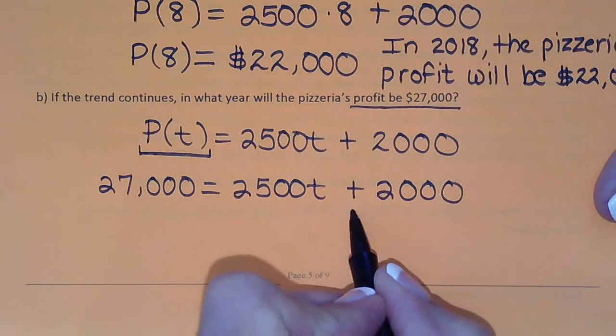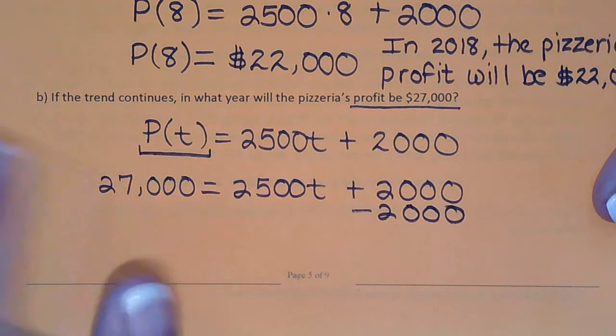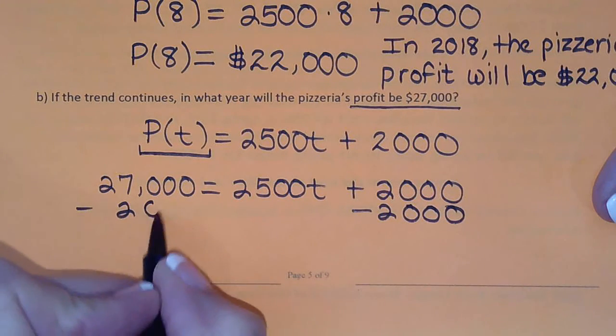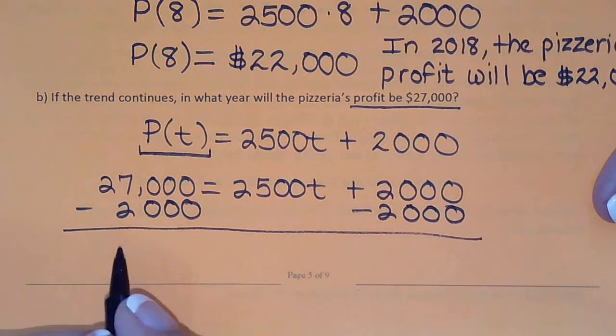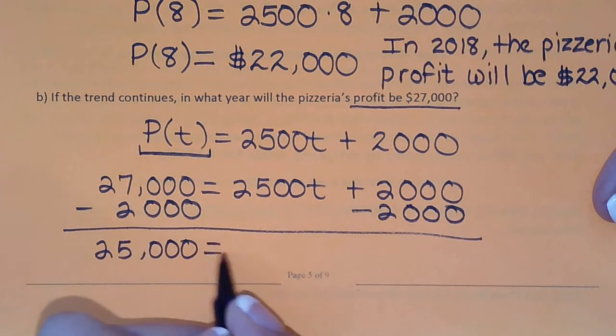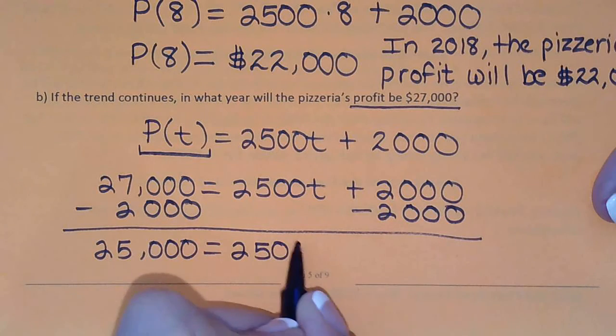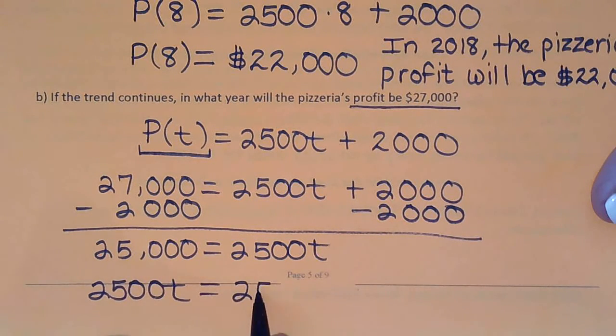So now we have to solve this equation. I need anything without a variable on one side, and I figure since the number is already over there, we'll just leave it there. So then we get 25,000 equal 2,500 T. And I like my variable on the left, so I'm going to put it over there.